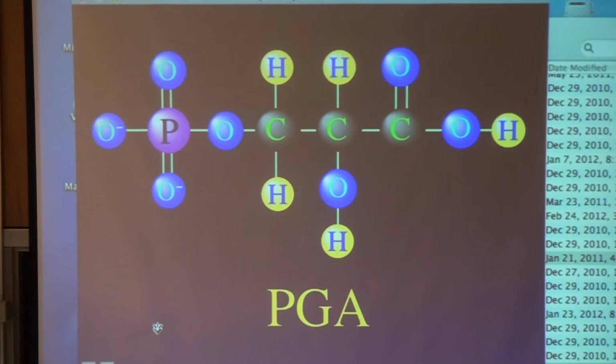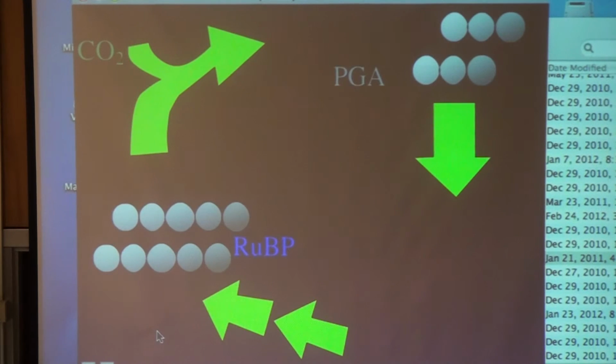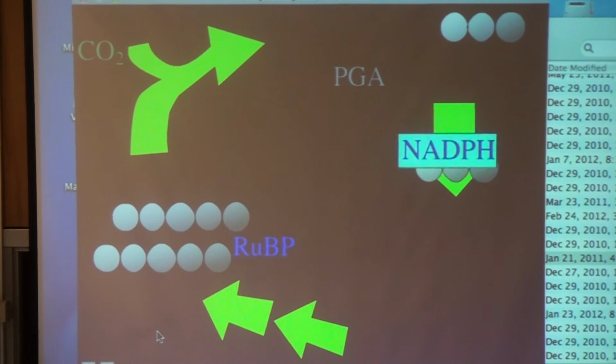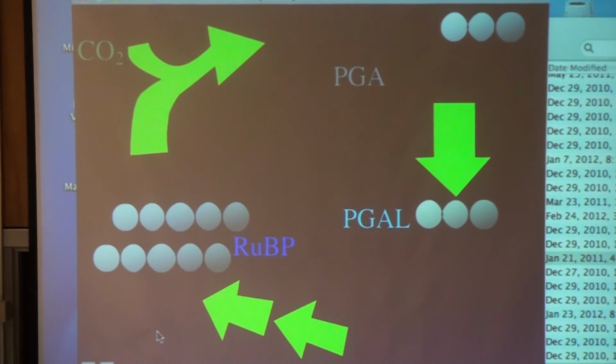Notice that it has a carboxylic acid functional group as one of its functional groups, which is why it's phosphoglyceric acid. So this enzyme can take a PGA molecule and change it into a PGAL molecule. This is the enzyme that uses most of the ATP energy and NADPH energy from the light-dependent reaction.